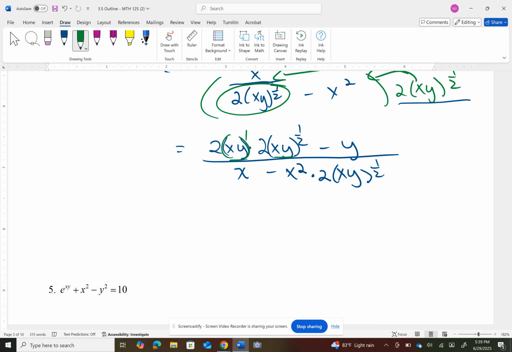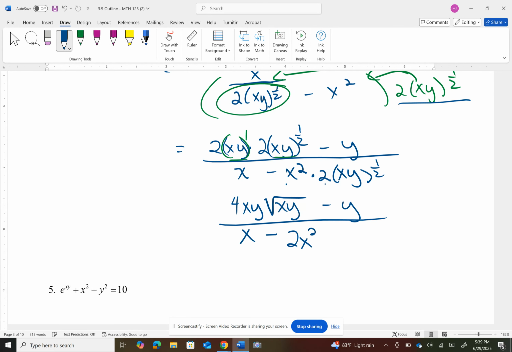So I was thinking I might just leave it with a 4xy and then a square root of xy minus the y. And in the denominator, leave the x minus, and then just get that 2x squared written more naturally with the number out in front with a square root of xy. Maybe something like that. And that looks pretty good. That would be a good stopping point.